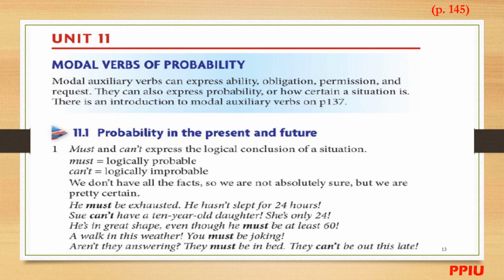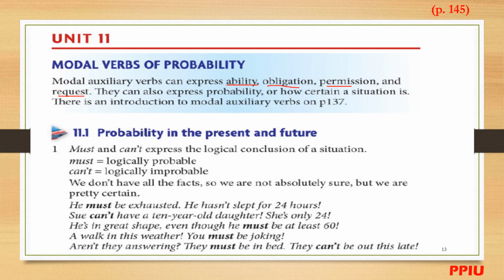When we talk about modal verbs, it is a bit complicated and confusing. The first one talks about ability. The second one talks about obligation, permission, and request.